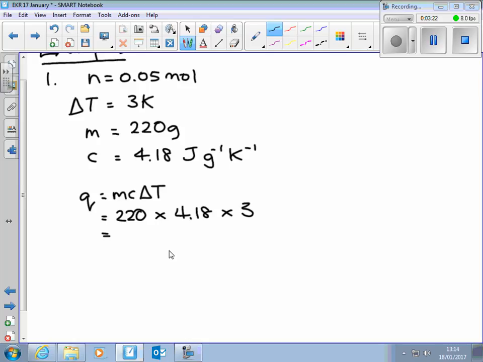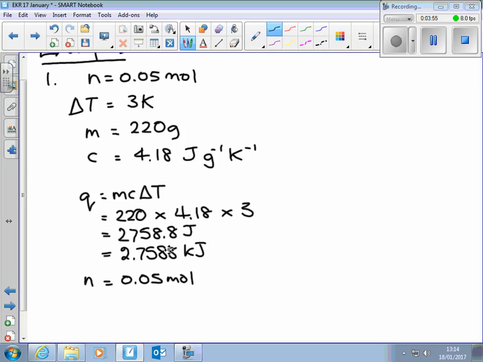Okay. 2758.8 what? Joules. So we immediately need to turn that into kilojoules, which will be 2.7588 kilojoules. All right, no rounding yet. So that's the first bit that's done for us. N we've already got given to us. So we know N is 0.05 moles.